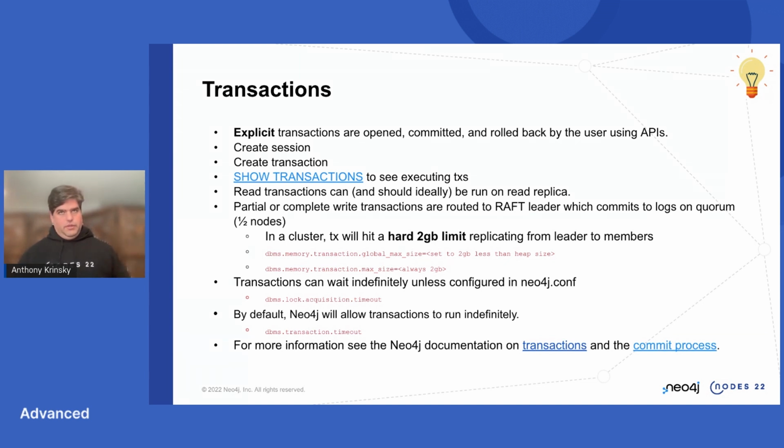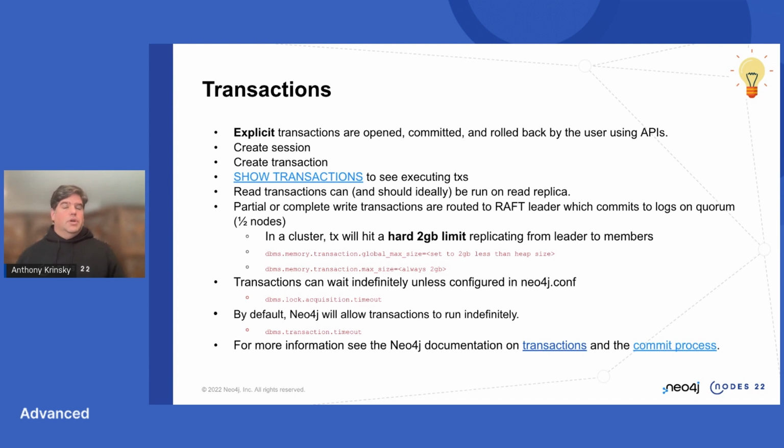And with the new version 5, some of that happens behind the scenes. But keep your write transactions pinned to your primary or your core nodes, where they're going to be routed anyway. You don't need a core node to do a read transaction, obviously.